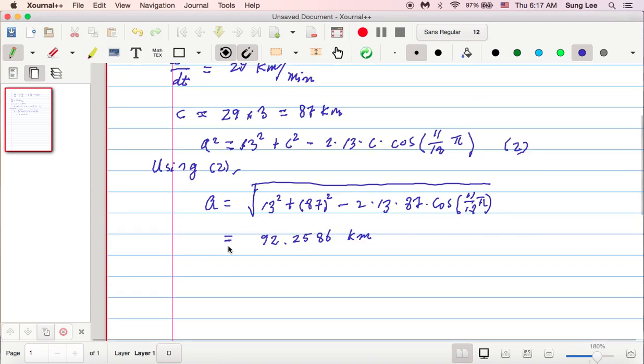Plugging in all those values for the respective quantities, we finally find dA by dt is 28.7447 kilometers per minute. So that will be the final answer.